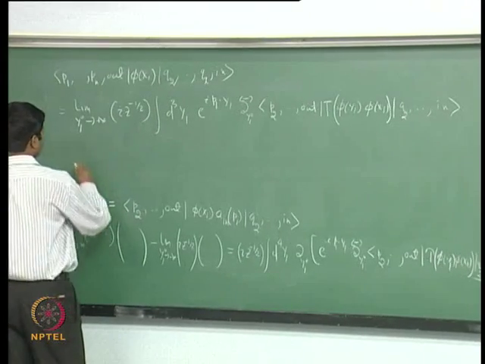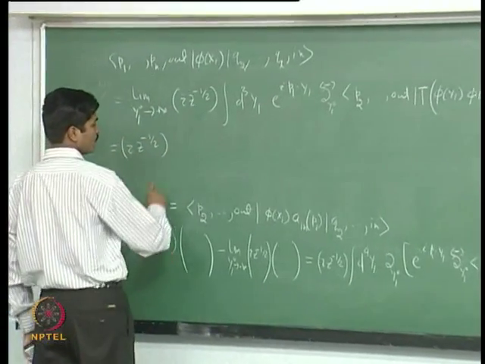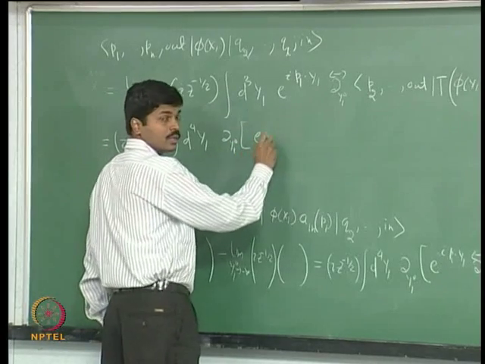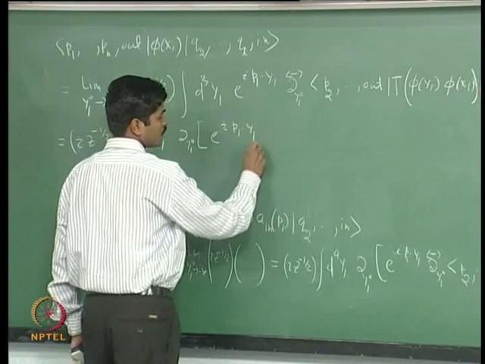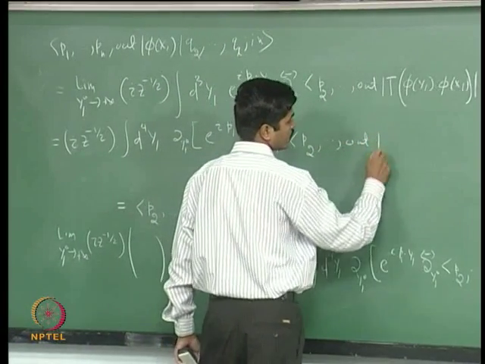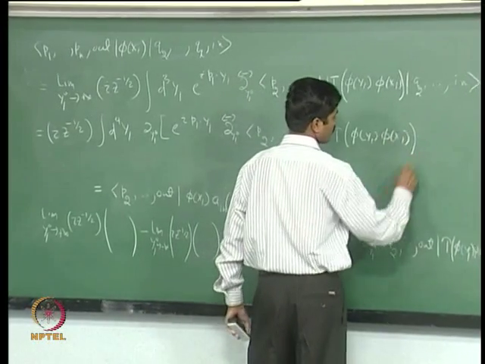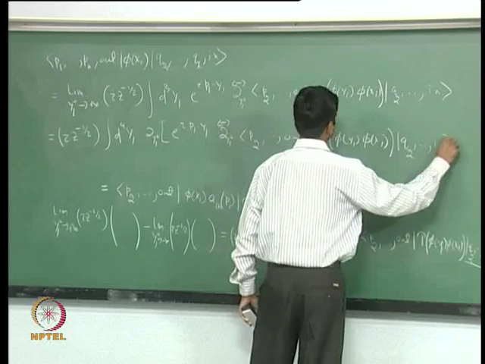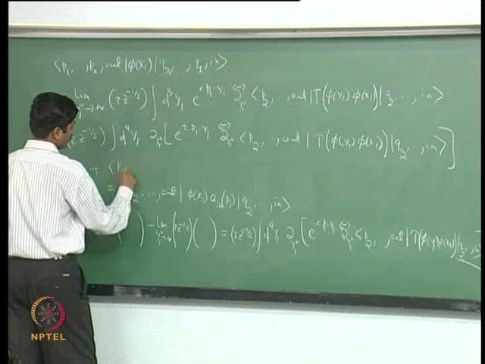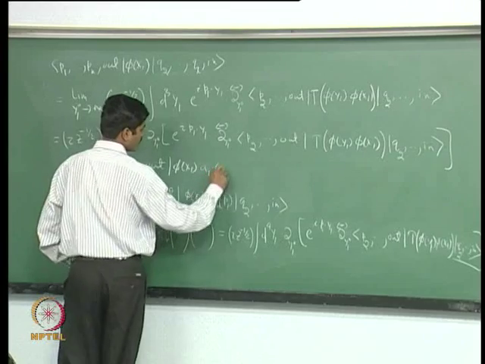This is equal to i z^(-1/2) ∫ d^4 y1 ∂_{y1^0} e^(i p1·y1) ∂_{y1^0} ⟨p2 out| time ordered product of φ(y1) φ(x1) |q2 in⟩ plus this quantity, plus ⟨p2 out| φ(x1) a_in(p1).